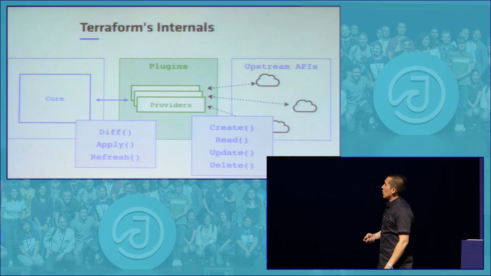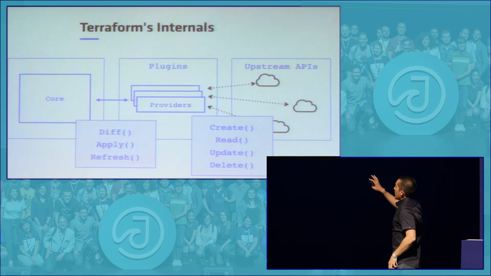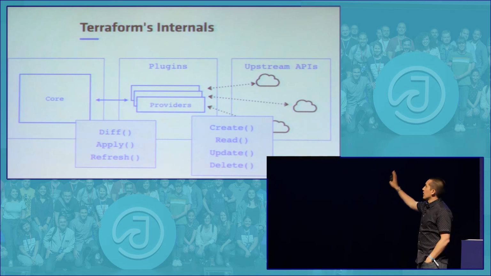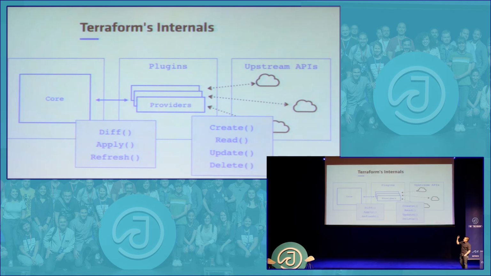And that's pretty much all that interface does. And then on the other side, what the providers do is just basic CRUD, right? Create, read, update, delete. That's what that translates into. And so, like I said, anybody could write this green box. This is the extension point for Terraform, and all you actually have to implement are the right side, the create, read, update, delete. The left side is all managed by our framework.